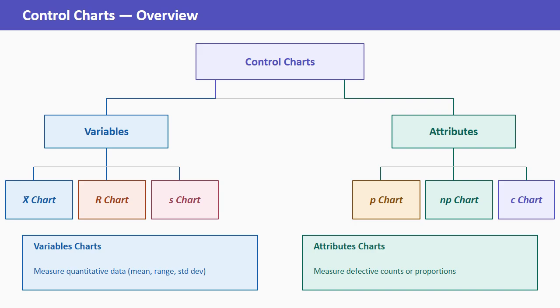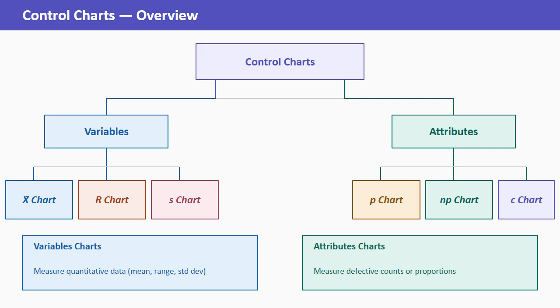Control charts are mainly divided into two major categories, variables charts and attributes charts. Variables charts are used when the data we collect is continuous or measurable. For example, measurements such as height, weight, temperature, or length fall under variables data. On the other hand, attributes charts are used when the data is discrete or count based.